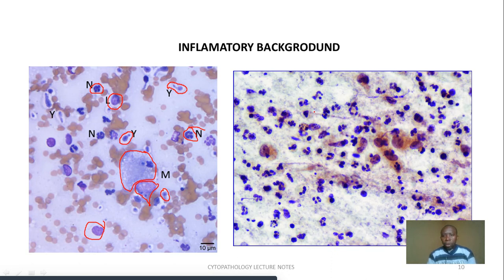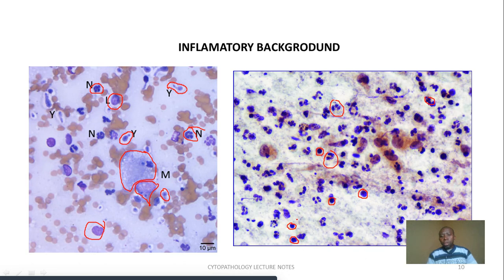So on our right, this one has very many neutrophils in the background. All these ones are neutrophils. This is a neutrophil. These ones are neutrophils, and then we have some small lymphocytes, just like we said in our last slide, that we can have a mixture of cells appearing. You will realize that in chronic inflammations, if the inflammation has been there for quite some time, we may also have a large number of lymphocytes appearing.